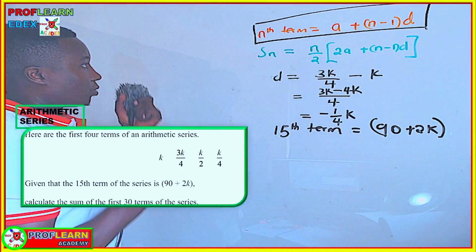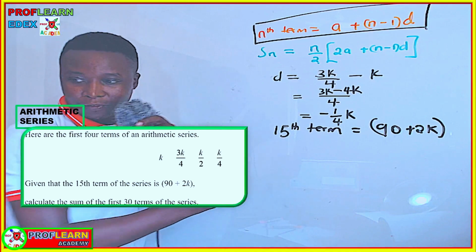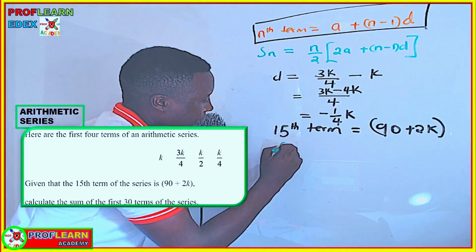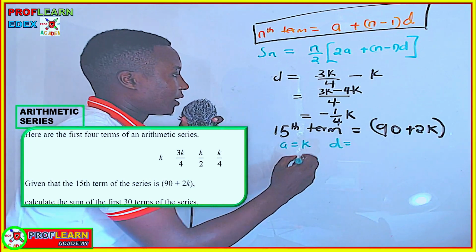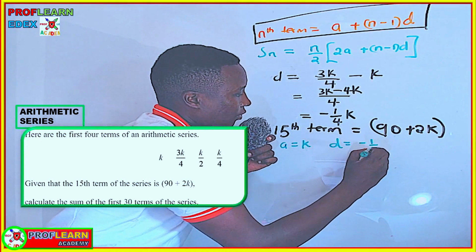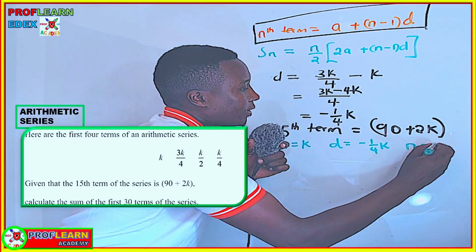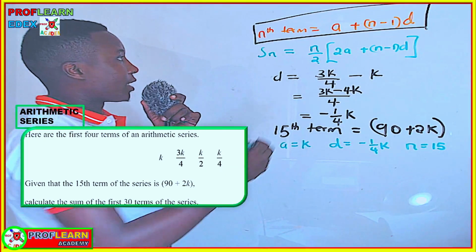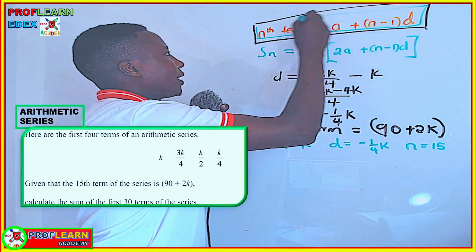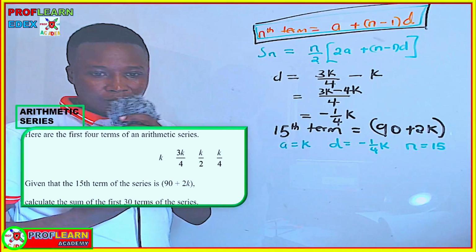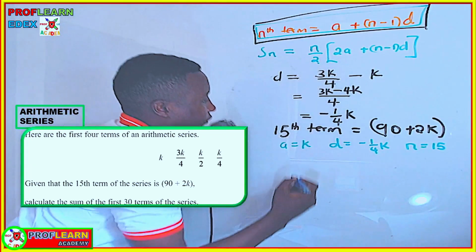From the sequence, our a is k, our d we have found as negative 1 over 4k, and our n is 15, so that we can apply this formula to find the value of k. So at this point we can write the formula and apply it.